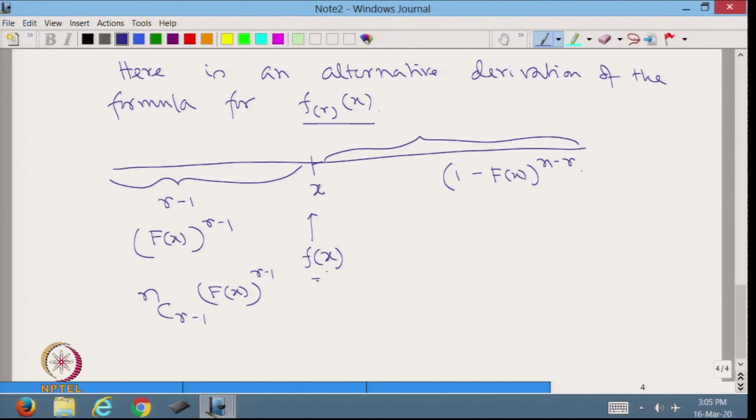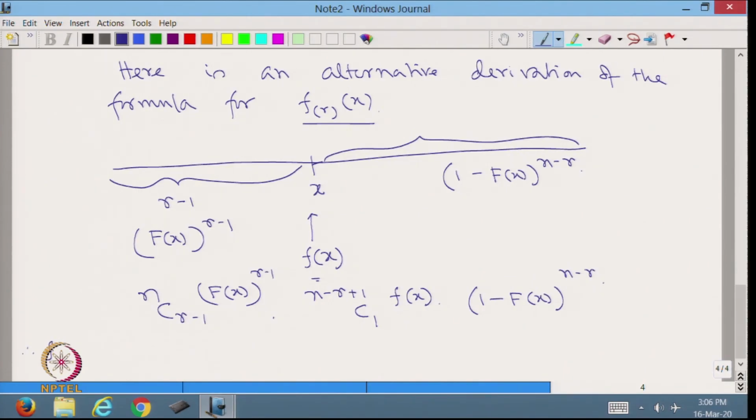This one has to be chosen from the remaining n minus r plus 1, and that can be done in (n minus r plus 1)C1 ways, multiplied by f(x), and all the remaining are going there. So, that will be 1 minus F(x) whole to the power n minus r.